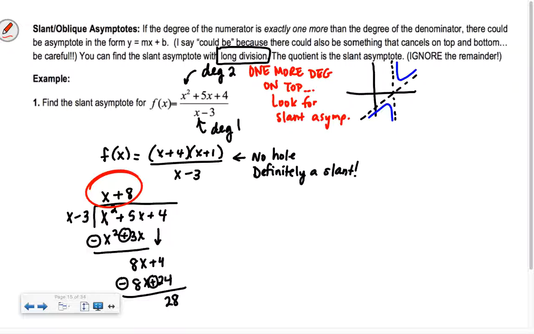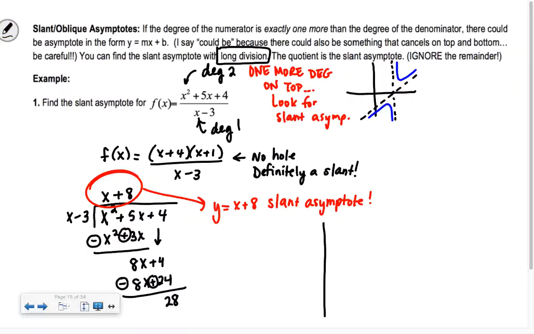This right here is the slant asymptote. So it's y equals x plus 8 is the slant asymptote. The 28, it's just going to be nothing for us. We're not going to deal with it.